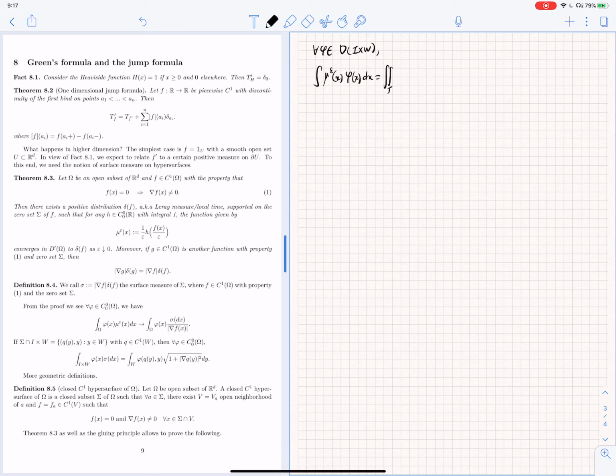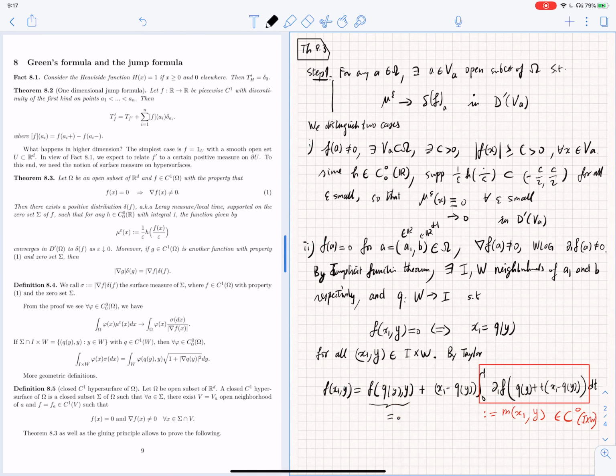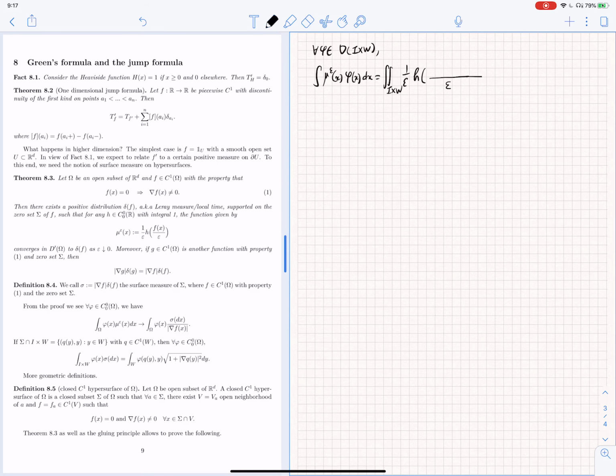It's a double integral on I times W, of 1 over epsilon h of, here is just the definition of the function mu epsilon, the denominator is like this. The numerator is f of x, and f of x we can write using this expression. It can be written as the product of the linear function with m of (x1, y). So this is what we have.